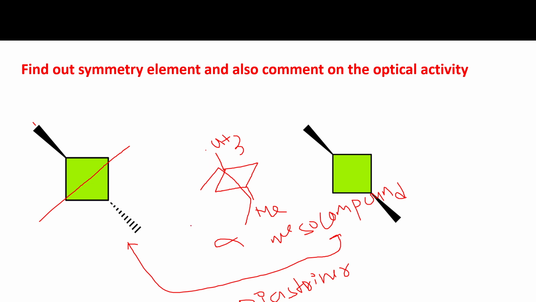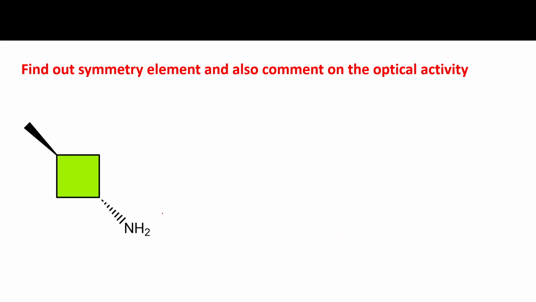Next, if we talk about a molecule which has different substituents in the 1,3 position, in that case you have a sigma plane like this way, so that molecule is optically inactive. And the point group will be CS.